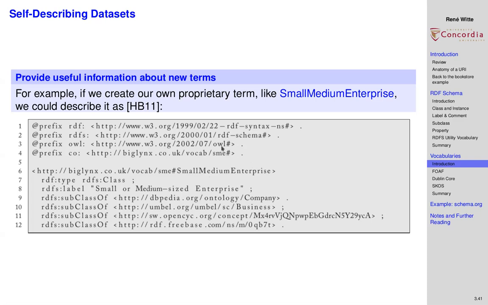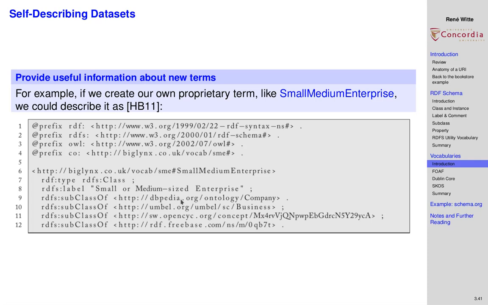But you can make it self-describing by adding additional information. And this is what you see here. So first we have a label. Remember, you should add a label for the human user to explain what it is. But now we are adding references to other existing classes.